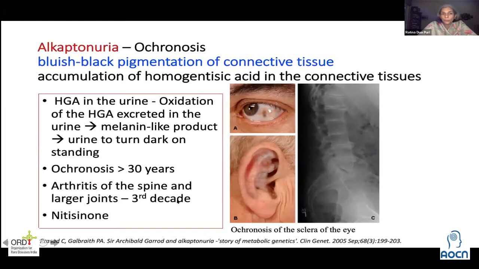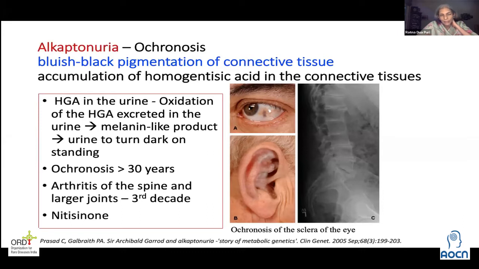And what we see in the urine is when the urine is exposed and there is oxidation, you get this melanin-like product. And over the years, the main impact of this is not really related to the change in color, but it causes a spondyloarthropathy because of very severe pain and arthritis that happens. And now, after many years of understanding the basis behind this disorder, there has been a lot of work done on the treatment with nitisinone.